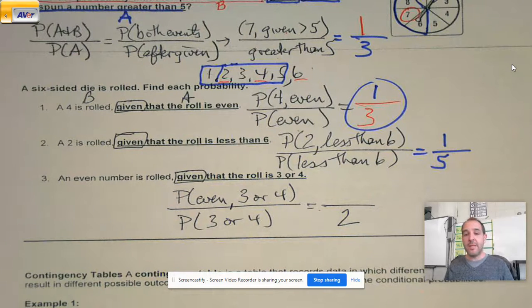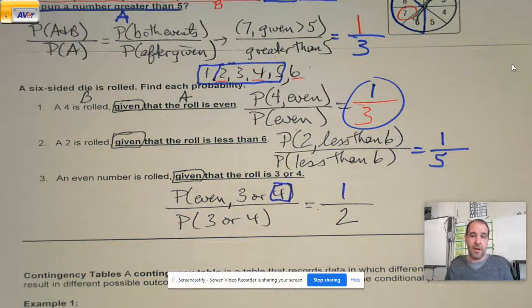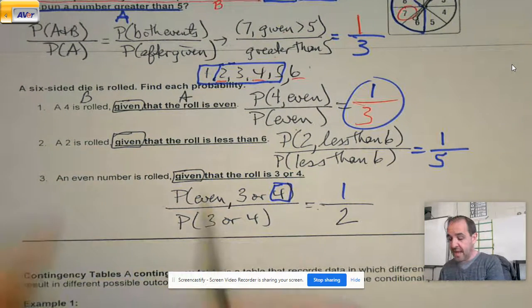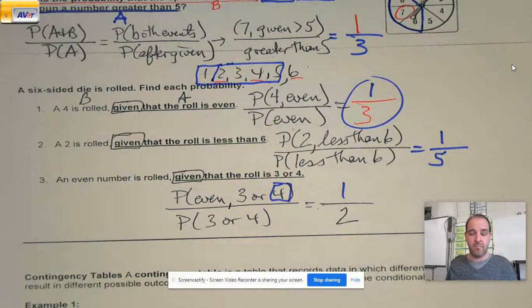Okay, what's the probability of me getting an even number if it's 3 or 4? Just 4. 3 is an odd number. It's not even. So that's when we're looking at conditional probability. Again, it's both together on the top and just what's after given on the bottom, because that way I'm always assured that the larger value is going to be in the denominator.